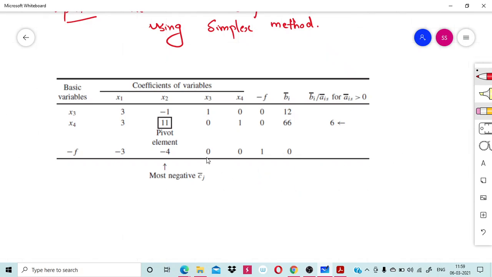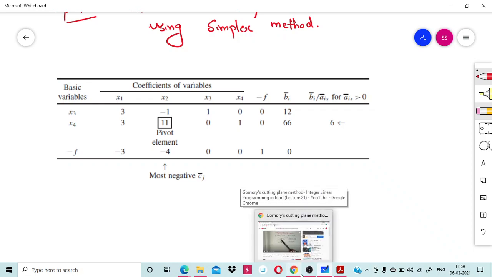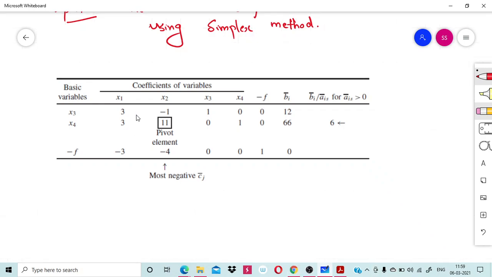So this is your first table, and the second table looks like this after getting your pivot element. Then you have to make it 1 and all other entries 0. Then the entering variable, leaving variable.